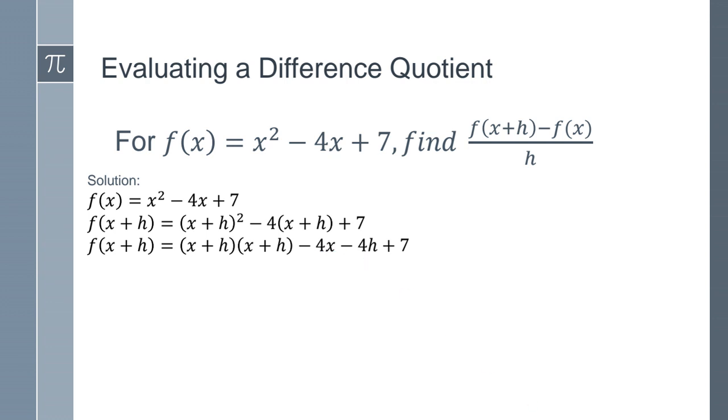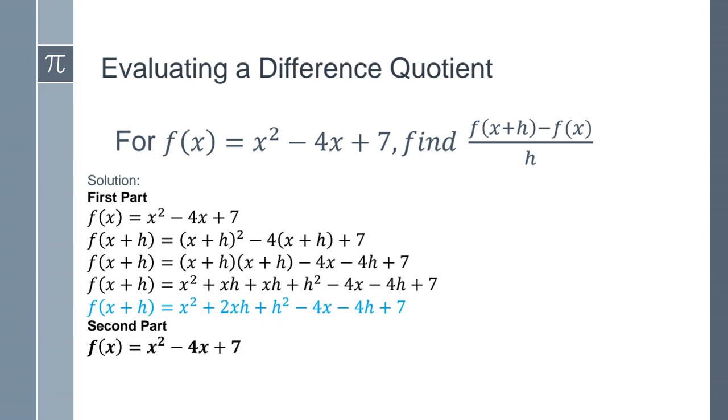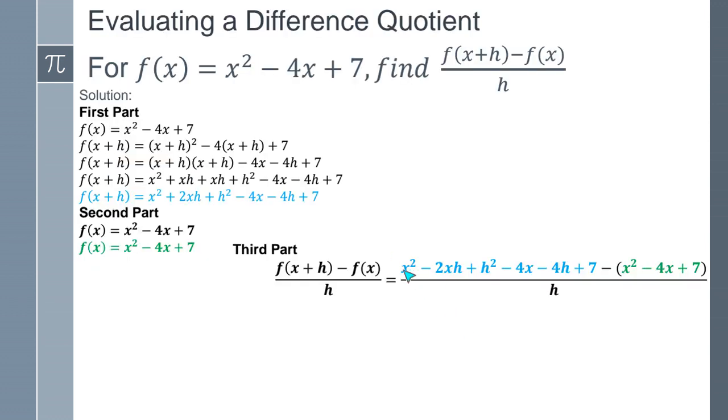Gather any like terms that you might have. So xh plus hx is 2xh. And that's going to be what I have for the first part. The second part is just itself, x squared minus 4x plus 7. And now we're going to subtract them. So we have x squared plus 2xh plus h squared minus 4x minus 4h plus 7 minus all of this.